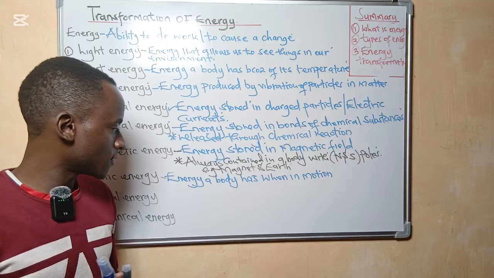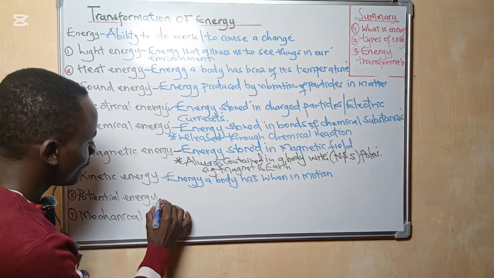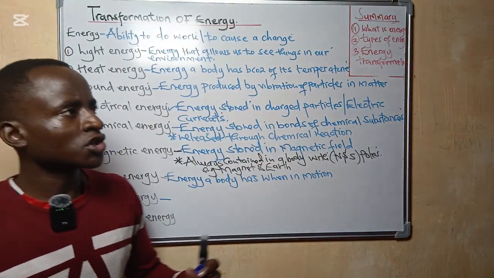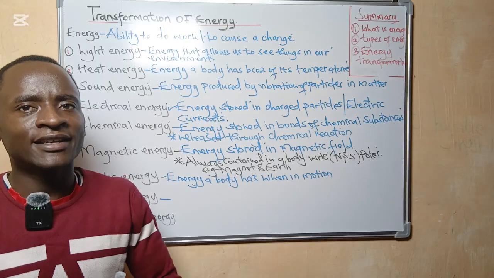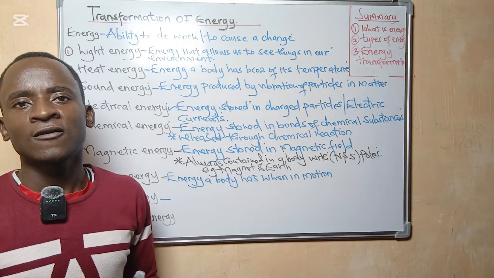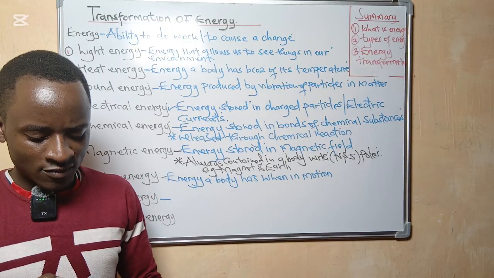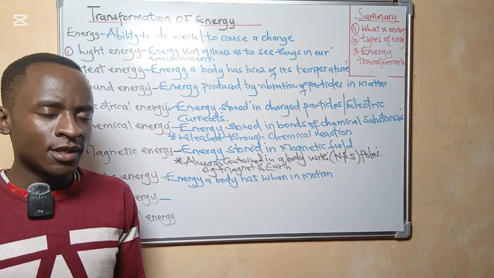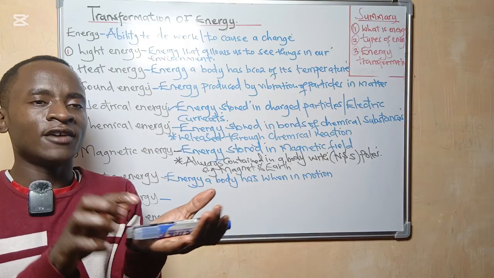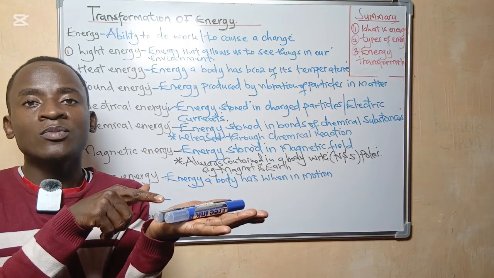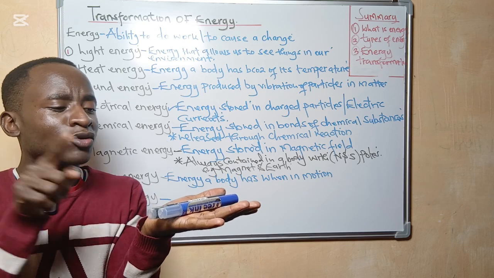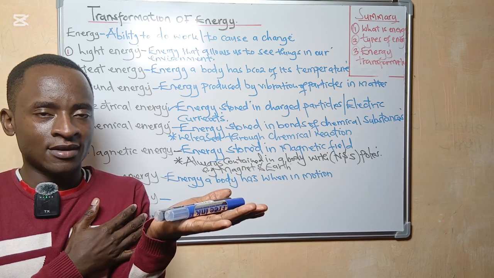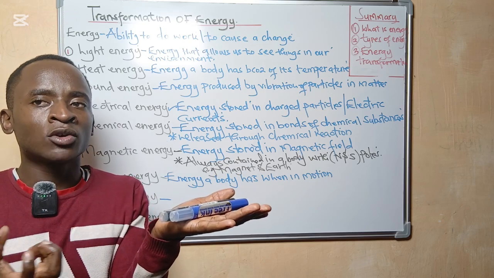The ball is moving. Then we have potential energy. Potential means something at the resting position. I am holding these 2 pens. The form of energy these 2 pens possess is potential energy. Then what do we mean by potential energy?